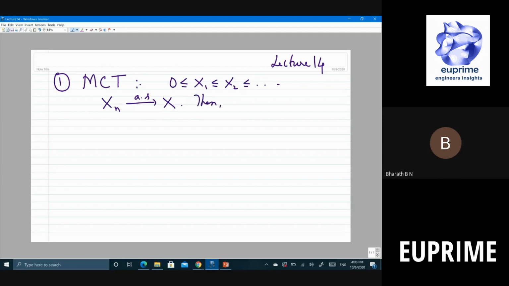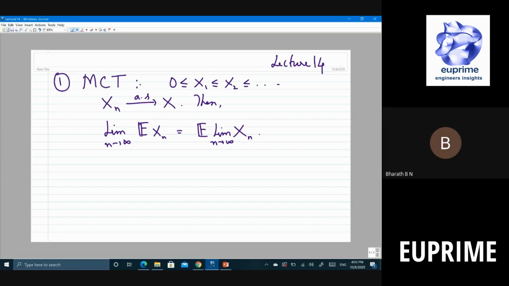Then I can interchange limit and expectation, or integral. So the limit as n tends to infinity of the expected value of X_n equals the expected value of the limit of X_n. This is what MCT essentially says.